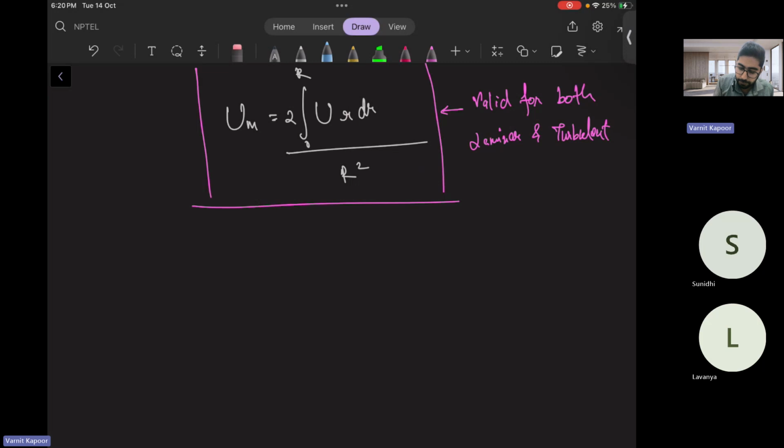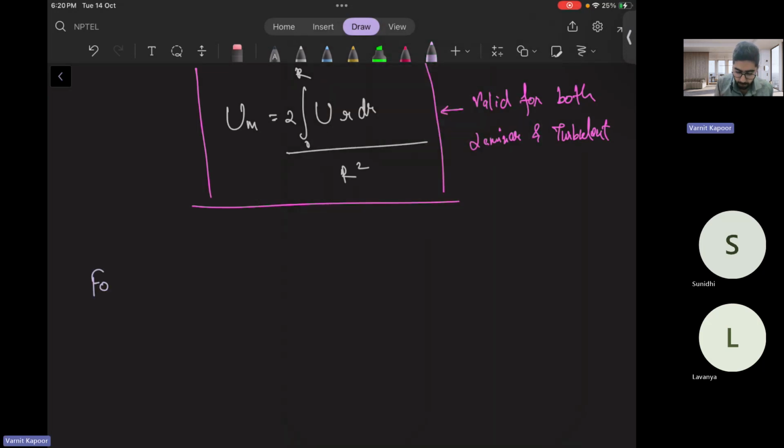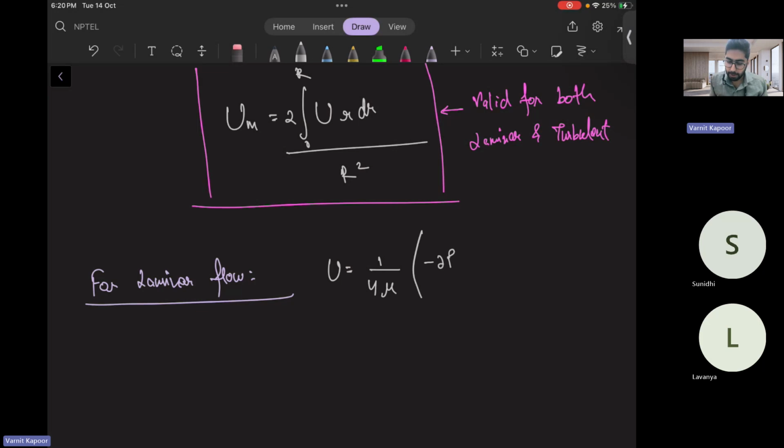So for laminar flow, we know our velocity profile distribution, and it is fully developed, from the above case which you have derived. u is 1 by 4 mu into minus dp by dx into capital R square minus r square.